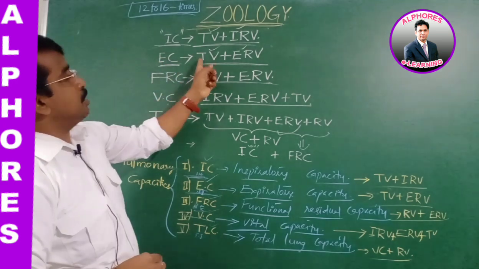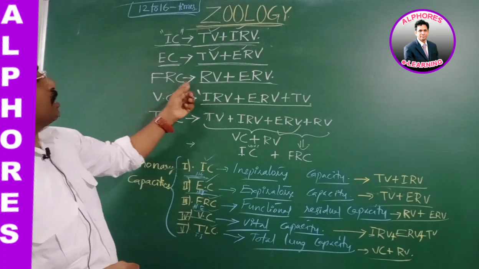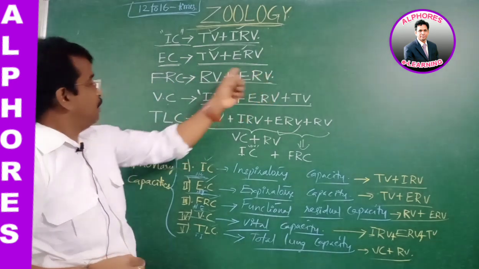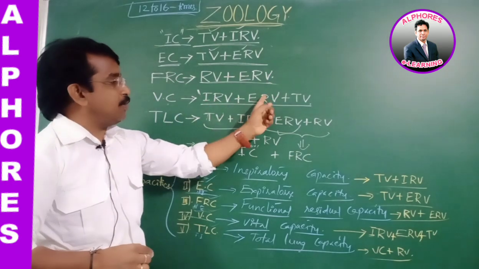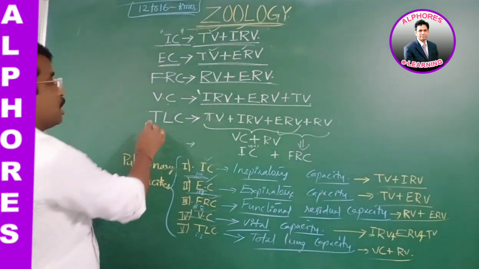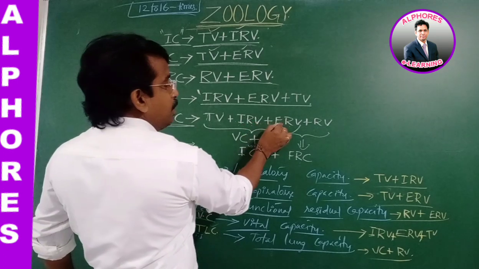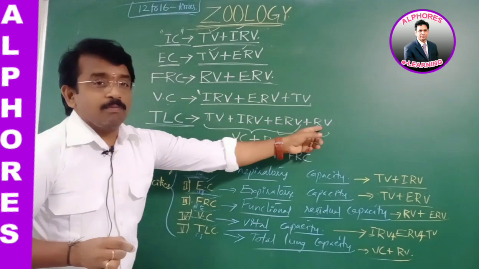Expiratory capacity is TV plus expiratory reserve volume, functional residual capacity is residual volume plus expiratory reserve volume, vital capacity is inspiratory reserve volume plus expiratory reserve volume plus tidal volume, and total lung capacity is tidal volume plus inspiratory reserve volume plus expiratory reserve volume plus residual volume.